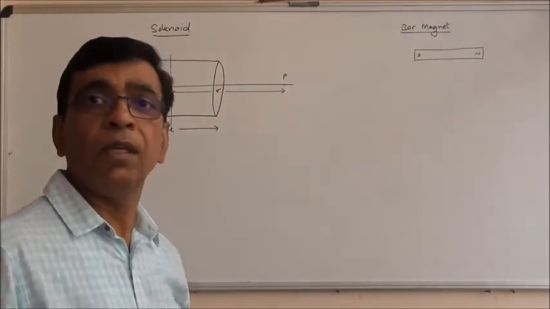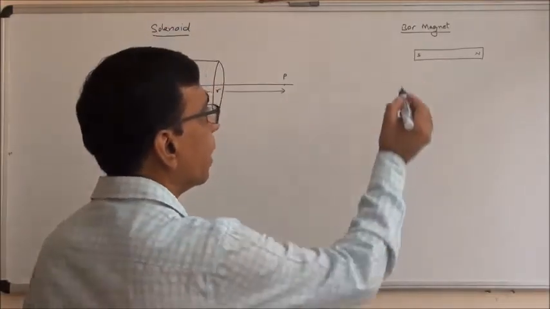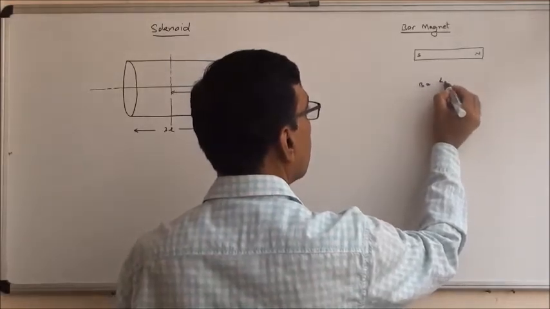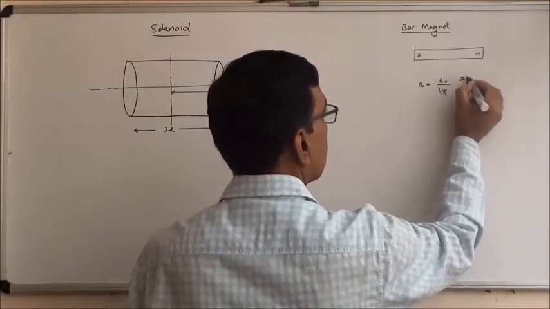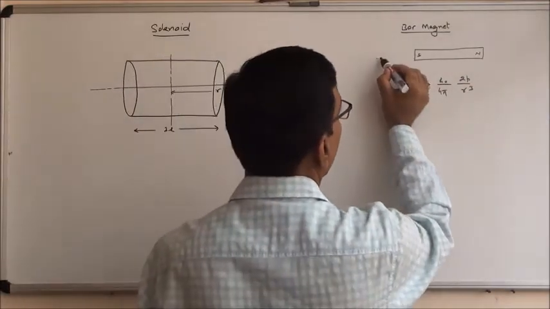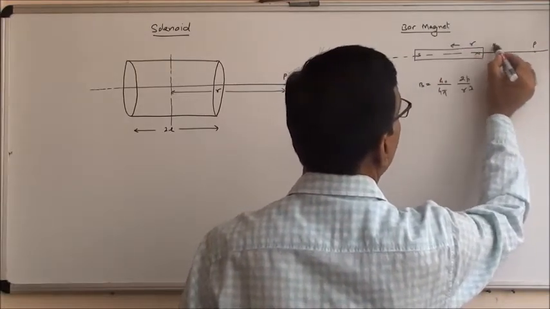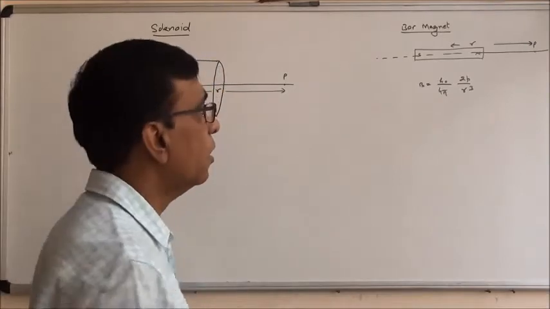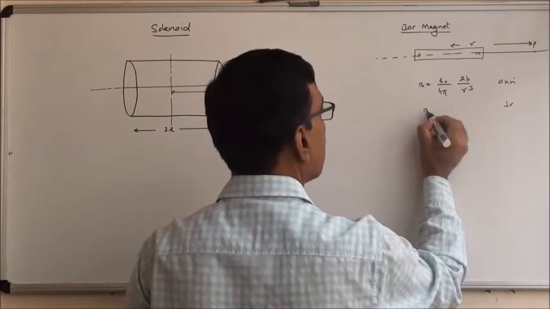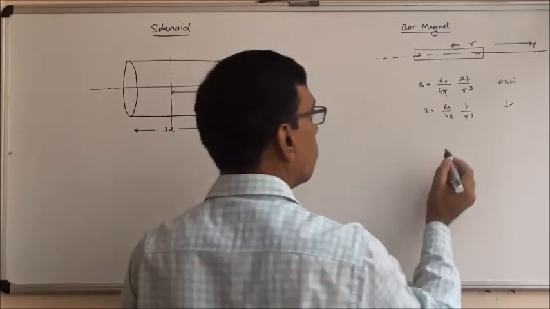we have done it in some other class, that if we have to find out the magnetic field produced by a bar magnet on the axial point, if I take some point here at distance r from the center, then the expression is this: along the axis and on the perpendicular bisector, it is mu naught by 4 pi, p upon r cube, magnitude wise.